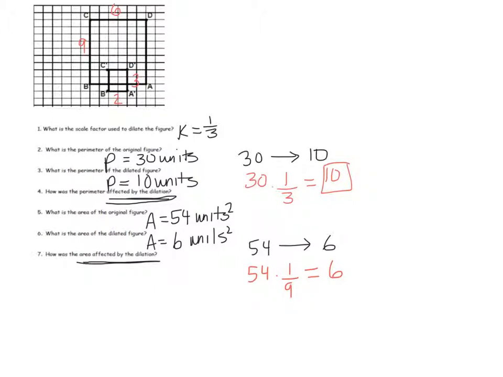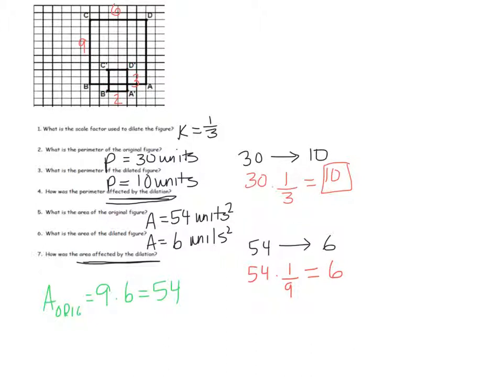So let's think about the math we did. Let's go backwards here. Let me pull up a green pen. When we found the area of the original figure, we said it was 9 times 6, and we got 54. Now let's look at our smaller dilated figure.